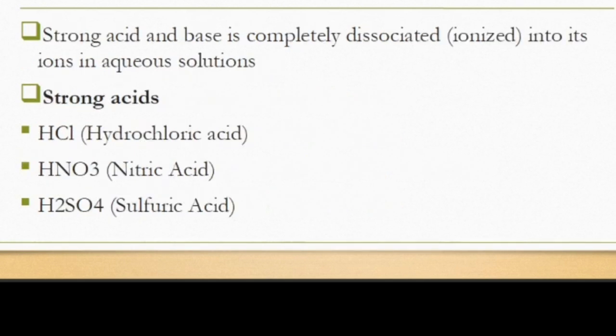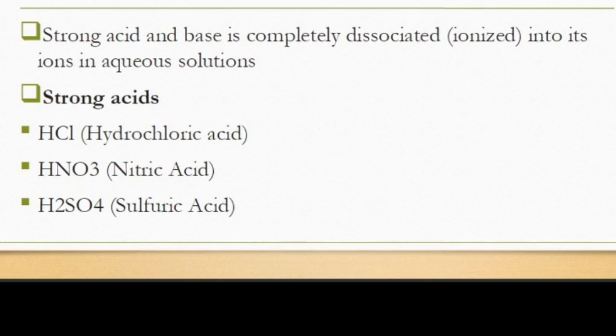Strong acids and bases are completely dissociated into ions, that is, they are ionized in aqueous solutions. The examples of strong acids are hydrochloric acid, nitric acid, sulphuric acid.